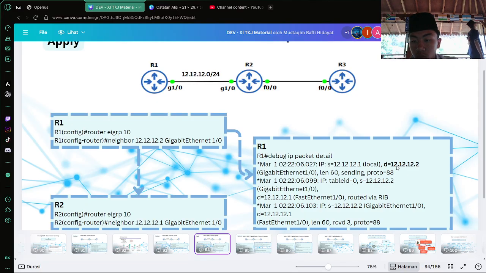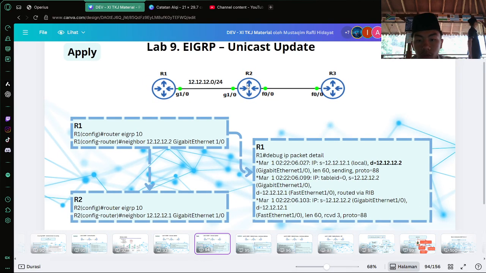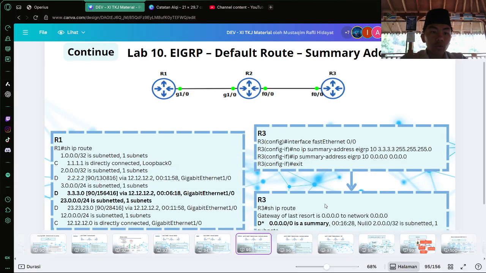The destination is the IP address of router 2 on GigabitEthernet 1/0, sending protocol 88, and continue to the next.